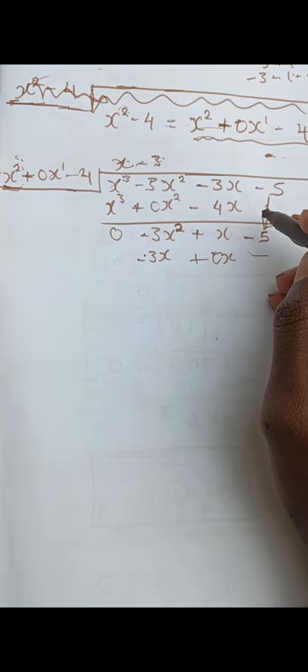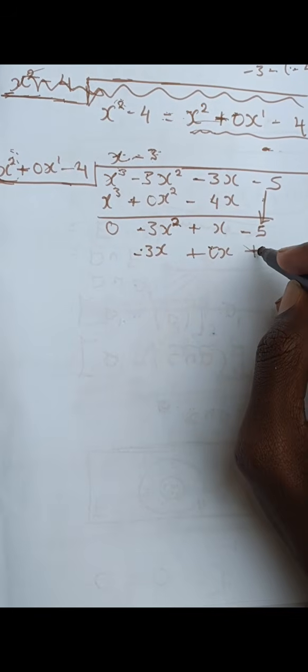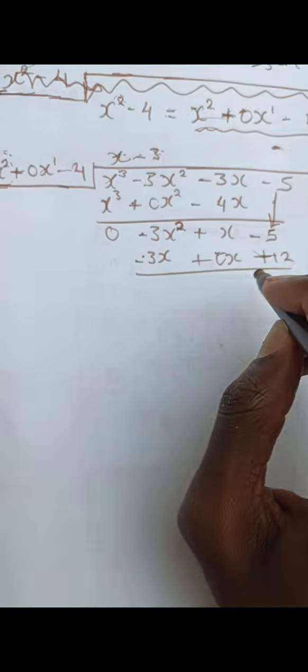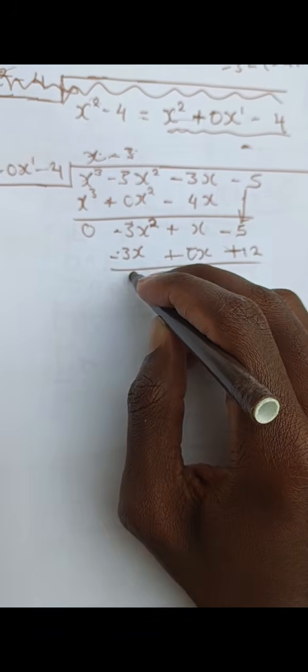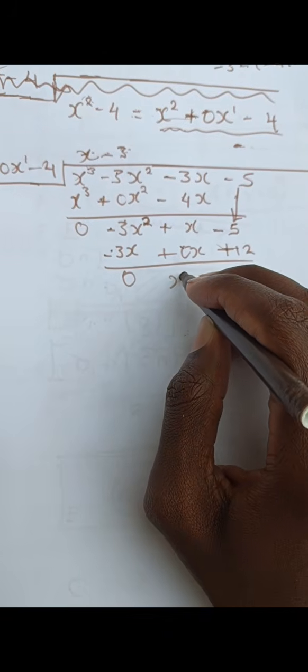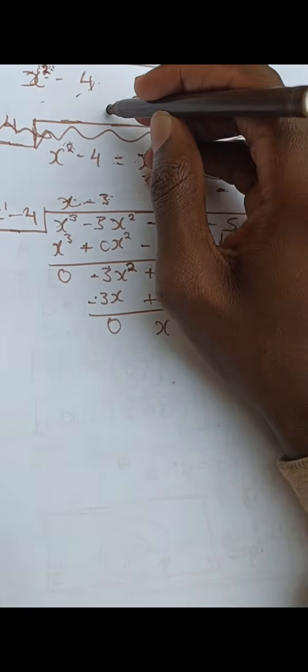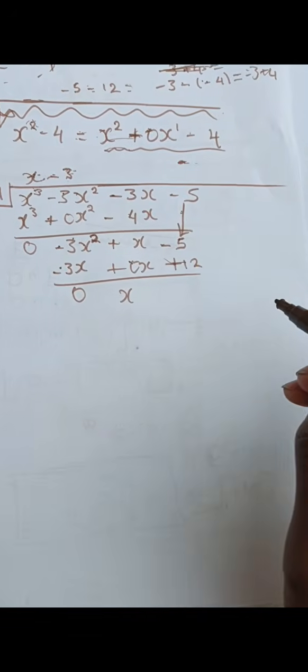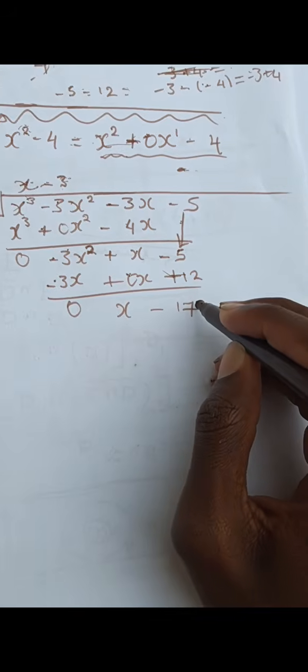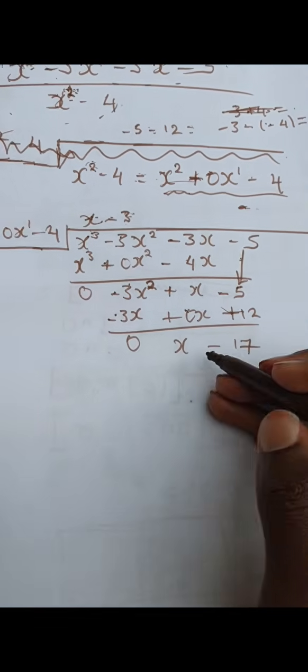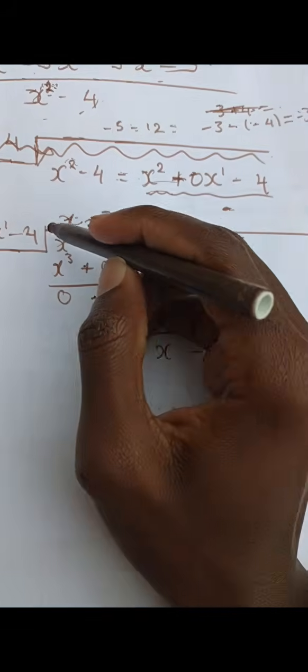Negative 3 times negative 4 is going to give us positive 12, right? Subtract. This minus this will give us 0. X minus this will give us x. Negative 5 minus 12 will give us negative 17, right? So this is the remainder and this is our quotient.